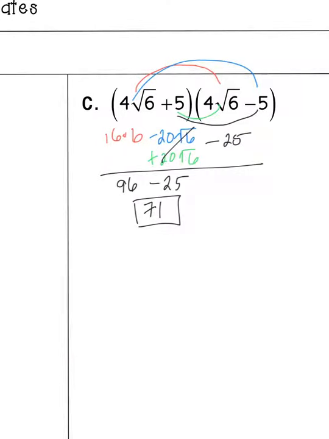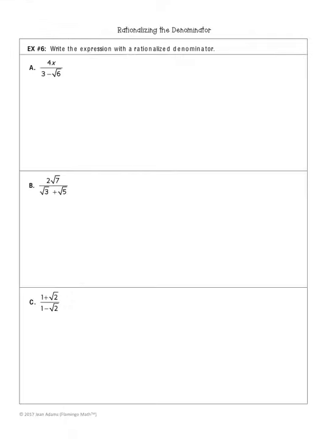And another plus minus pattern with the same thing here and the same thing here. Isn't this a difference of two squares factor pattern? So the difference of two squares factor pattern can help us get rid of a radical in the denominator. So when we look at your last page of notes, we're going to rationalize a denominator that has addition and subtraction in it.